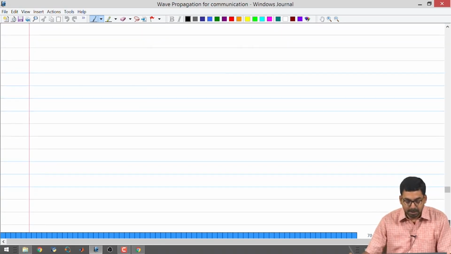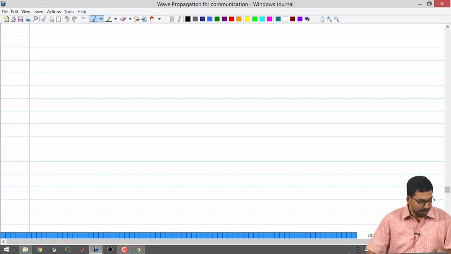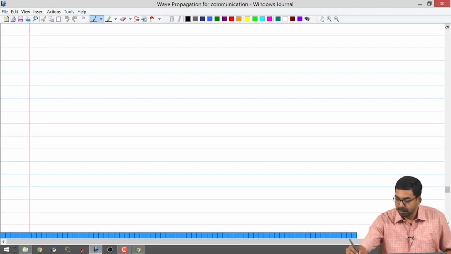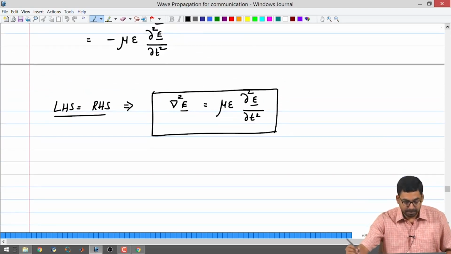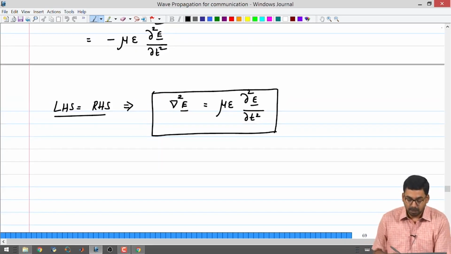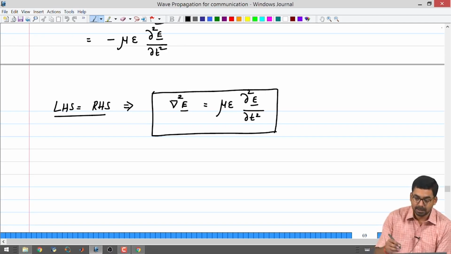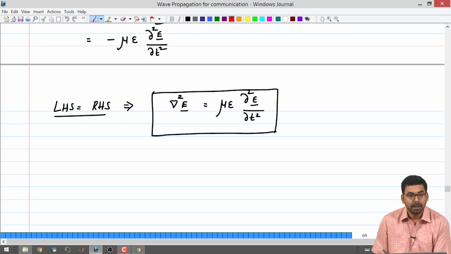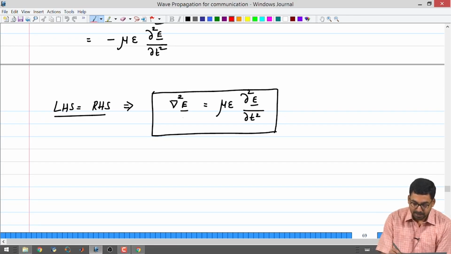So just establish the equivalence very strongly. I will begin once again. Since we have arrived at the wave equation, one of the things that we could do is a dimensional analysis. This is something that we had done with the transmission lines. So electric field has the unit of volt per meter.